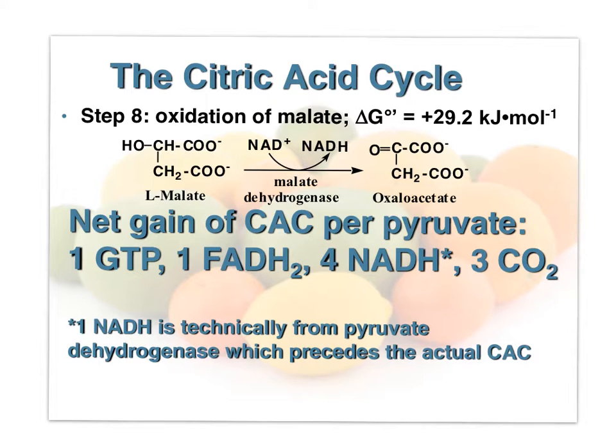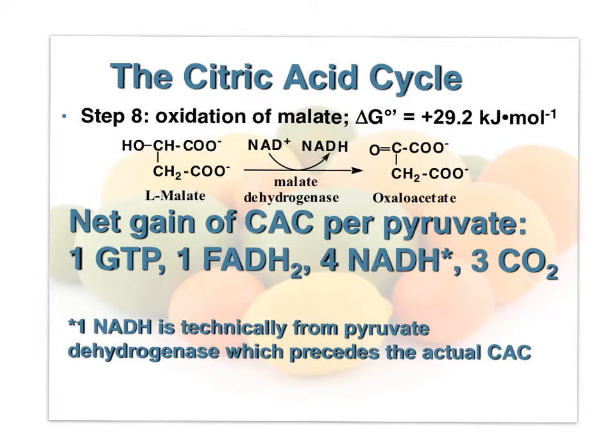So overall, for every pyruvate, you get 1 GTP, and that 1 GTP gets converted to 1 ATP. Sometimes in some books, they'll tell you you get 1 ATP, but it's from that nucleoside diphosphate kinase. You get 1 FADH2, you get 4 NADHs if you include the one from step 0.